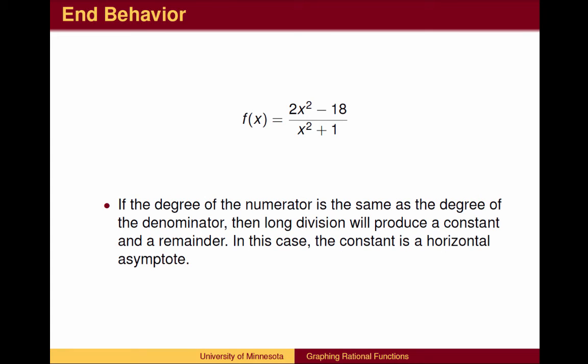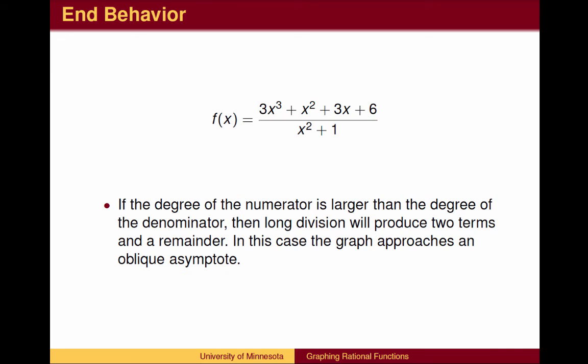If the degree of the numerator is the same as the degree of the denominator, then perform long division to yield a constant plus a remainder. The remainder will be small when x is large, so f of x will tend toward the constant. If the degree of the numerator is 1 larger than the degree of the denominator, then long division will produce 2 terms and a remainder.